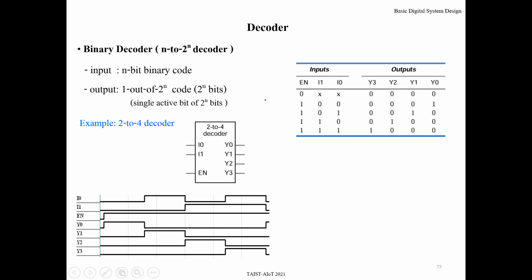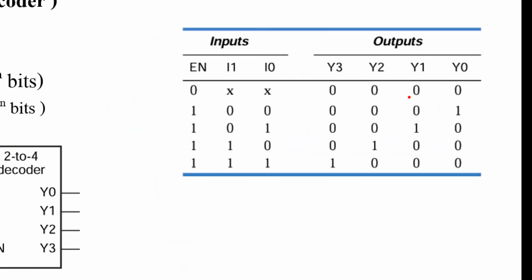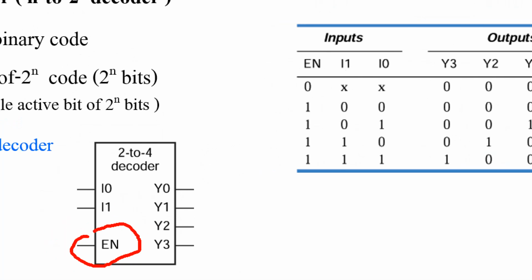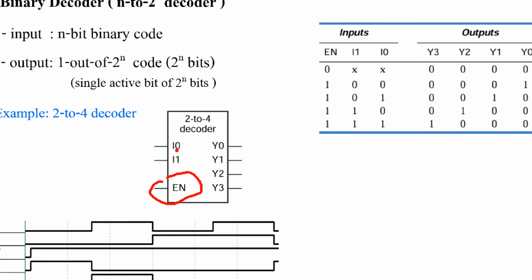For this example, there is an enable input here, two data inputs and 4 outputs.